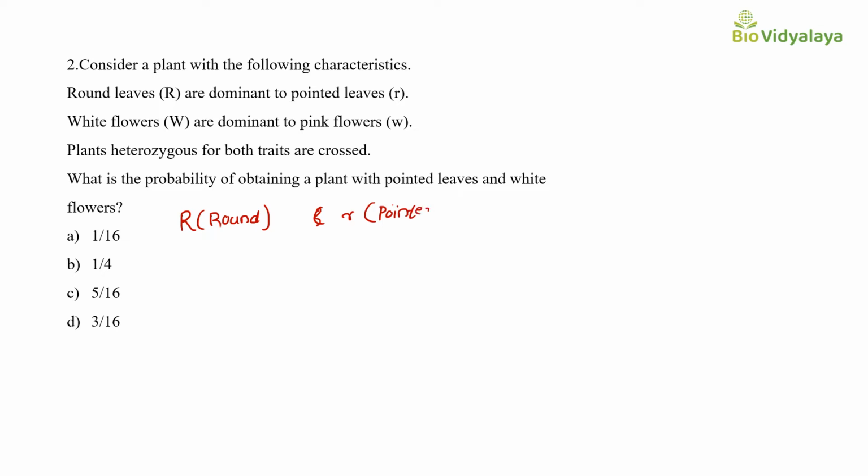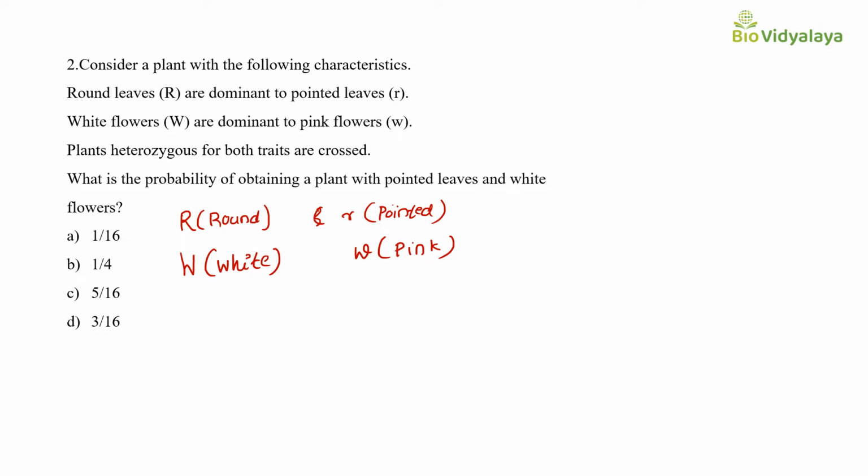Okay, next, white flowers are dominant to pink flowers. So capital W is dominant, white flowers. And small w for pink flowers. Okay, round leaves are dominant to pointed leaves. White flowers are dominant to pink flowers.